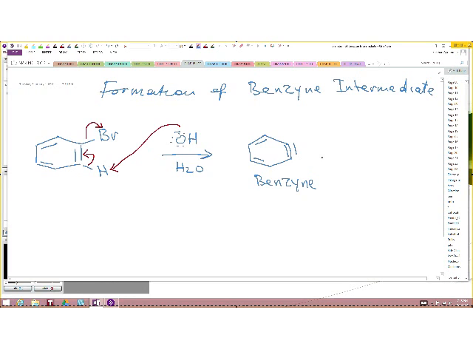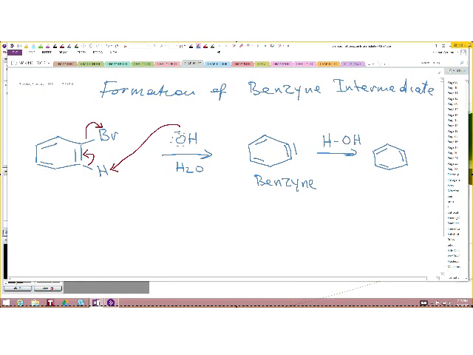Now this benzyne, at this point, we could simply add the elements of water to it. We have to regenerate the aromatic nature of the benzene structure.